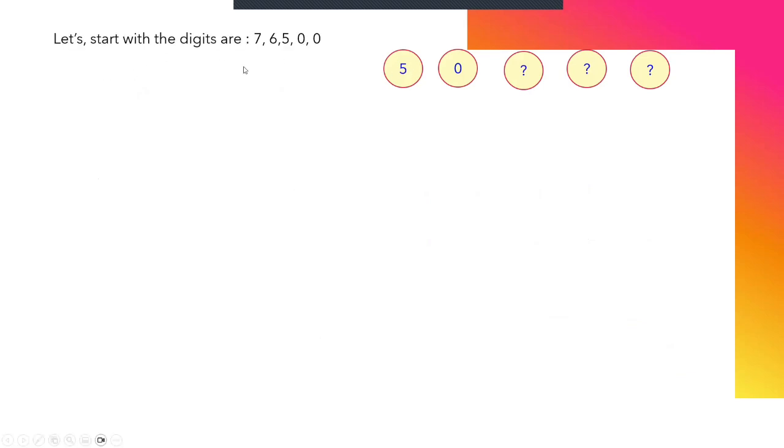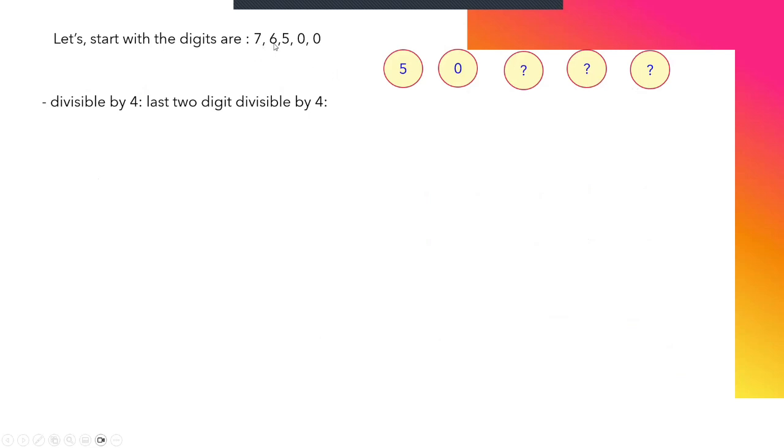Okay, so let's start with the combination 76500. 50 is already used. The number must also be divisible by 4, so the last 2 digits must be divisible by 4.